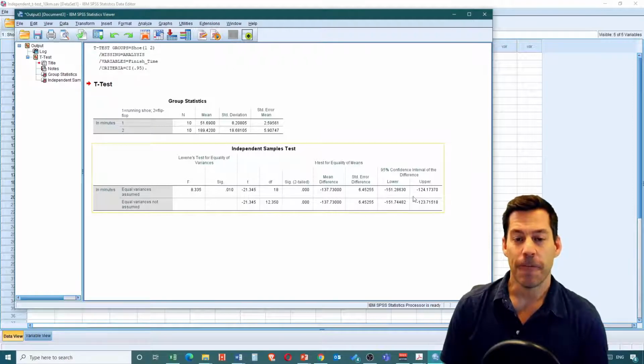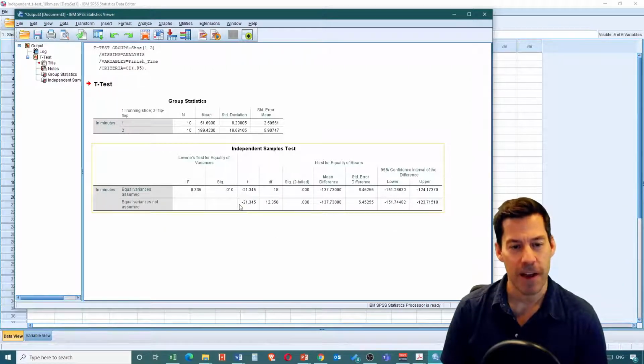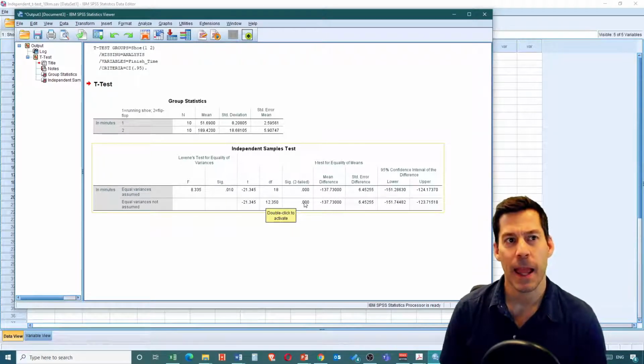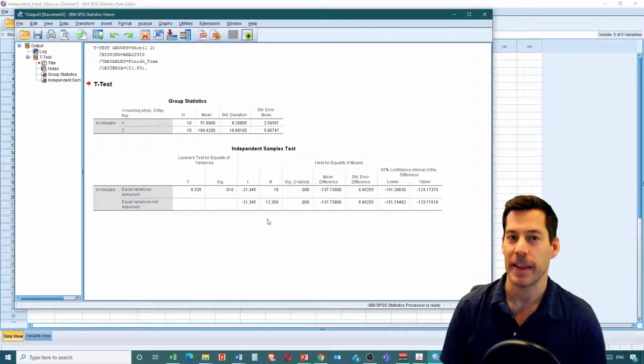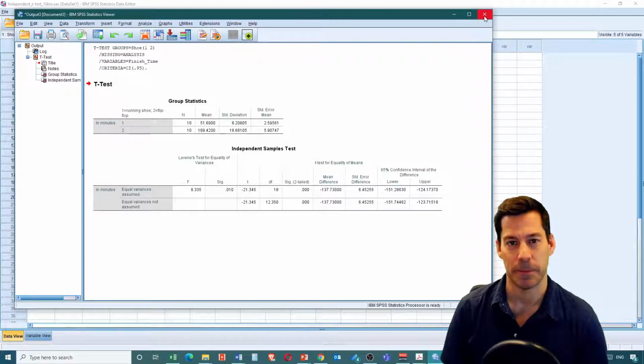And we see our confidence intervals of the difference that we get here. But the things we're going to want to report are our t-value, degrees of freedom, and our significance value. We'll get into reporting effect sizes later on, but we can look at those 3 things from now on. Okay, so pretty simple. Let's get on to doing the same thing in JASP.